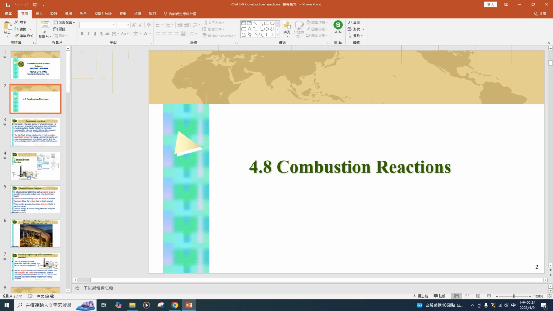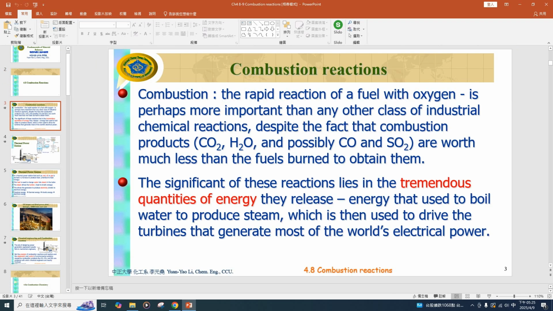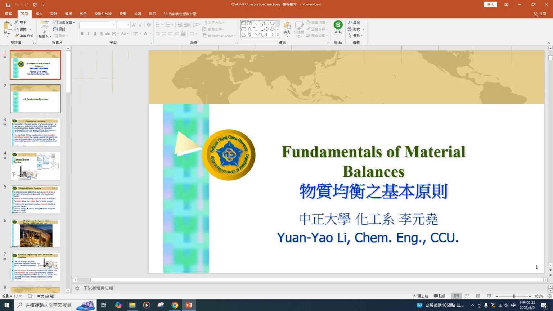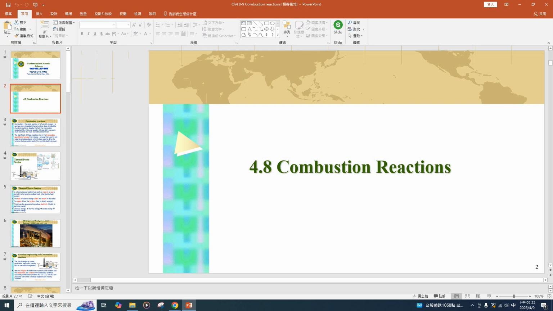4.8 will not be tested in the midterm, okay? Then I will just give a simple introduction. So this chemical reaction, this is combustion. The thing for combustion that is very interesting is that normally if you have a chemical reaction, what you need is product, right?